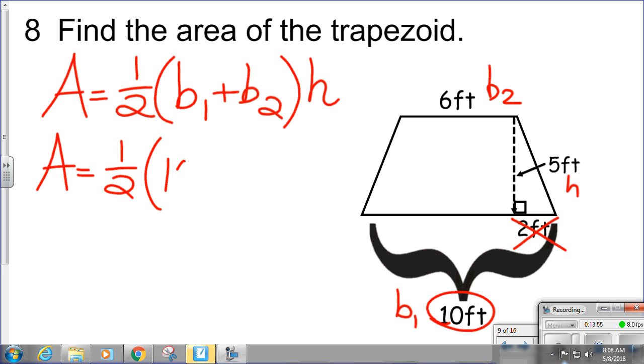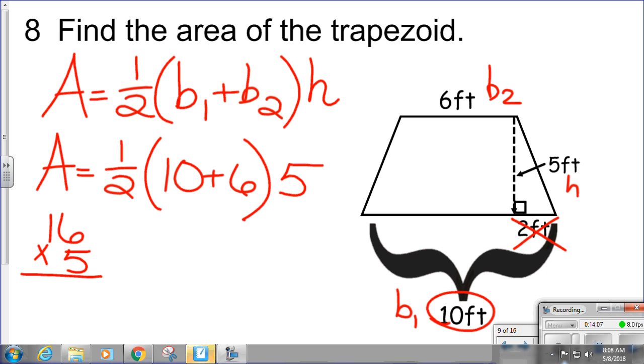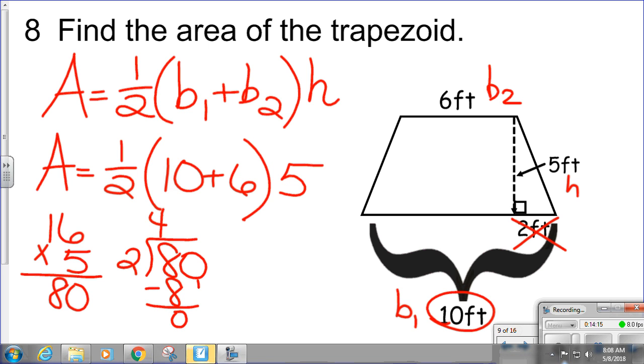Base 1 is 10 plus 6 times 5. 10 plus 6 is? 16. 16 times 5 is? 80. And then divide that by 2. And think about this. Make sure you don't tell me the answer's 4 and forget about this last 0. 40 feet squared.